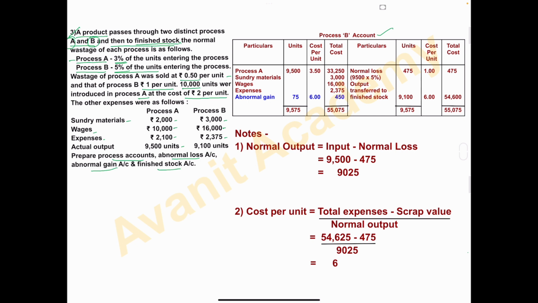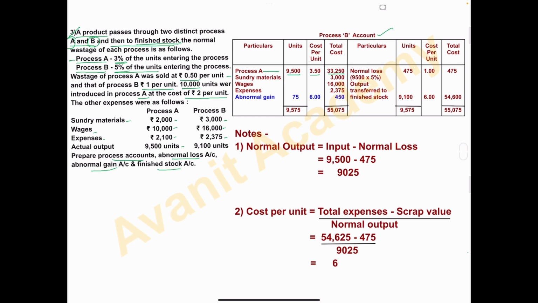So this 9,500 will be taken as the input of process B account. So right here process A, the quantity is 9,500, cost per unit 3.50 and total cost is 33,250. So this 9,500 is the output of process A and here it is the input of process B account.